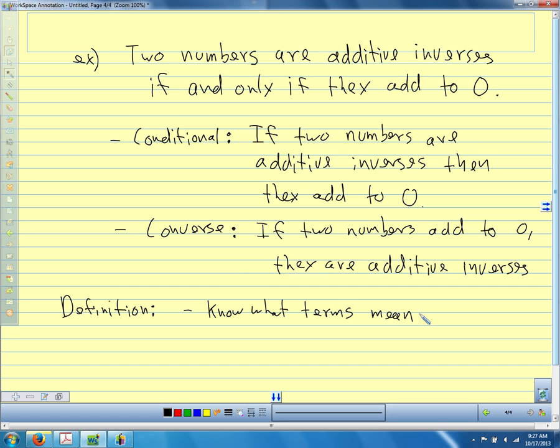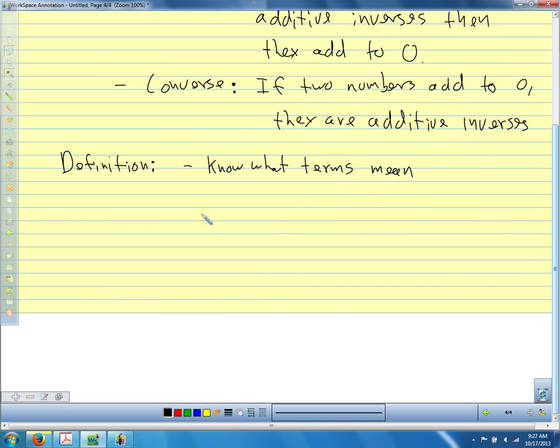If I started going on and on about additive inverses, we might be confused because we don't necessarily know what that means. We want to make sure we're using terms that we know what they mean when we write a definition. We want them to be precise.